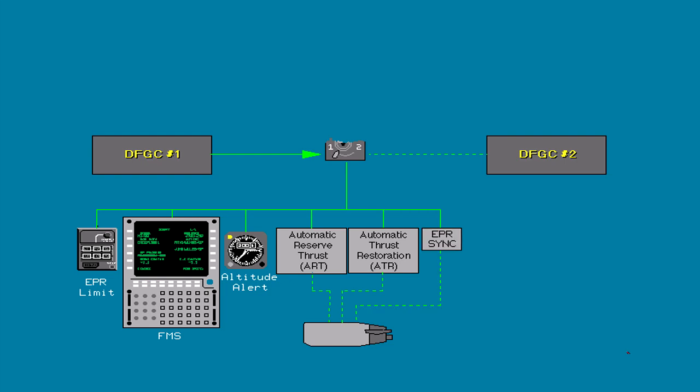To the Engine Synchronization System, which ensures that both engines output the same EPR. To the Mach Trim Compensation System, which provides nose-up movement of the control column to compensate for the normal pitch-down characteristics encountered at high Mach numbers. And to the yaw damper system.